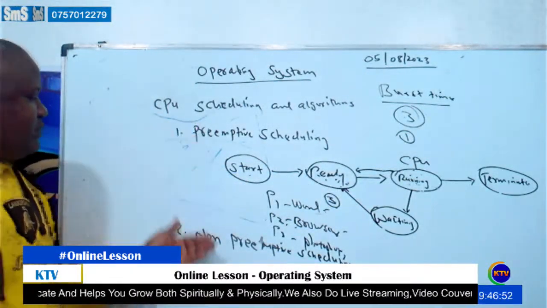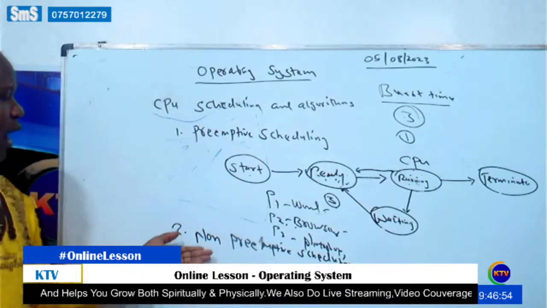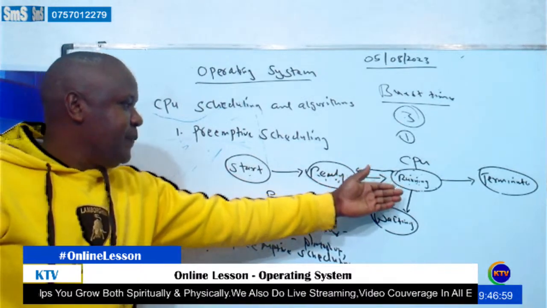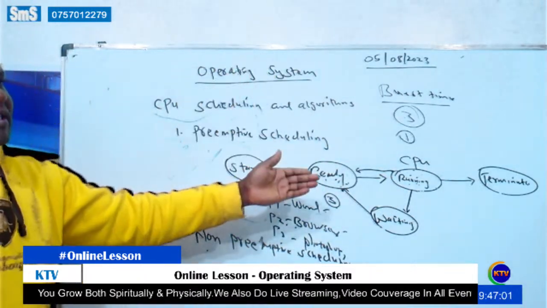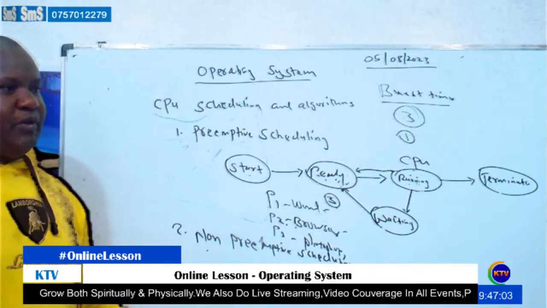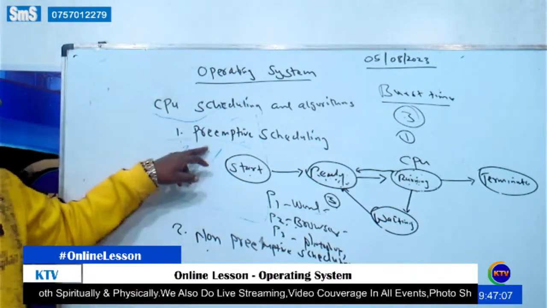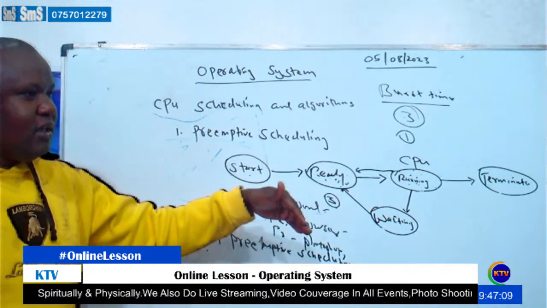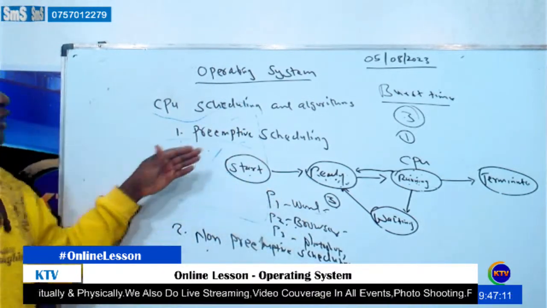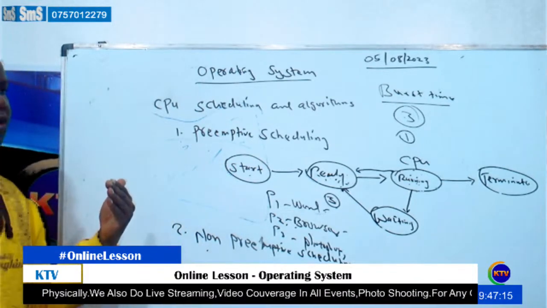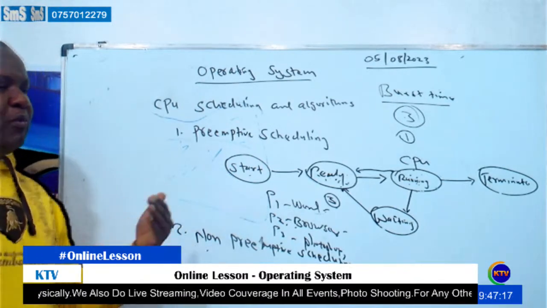So now the difference between the two: in non-preemptive scheduling, once a process has been given a chance on the CPU, that process will not be forcefully removed until it completes. In preemptive, a process can come in and another one comes, and the first process can be forcefully removed from the CPU.